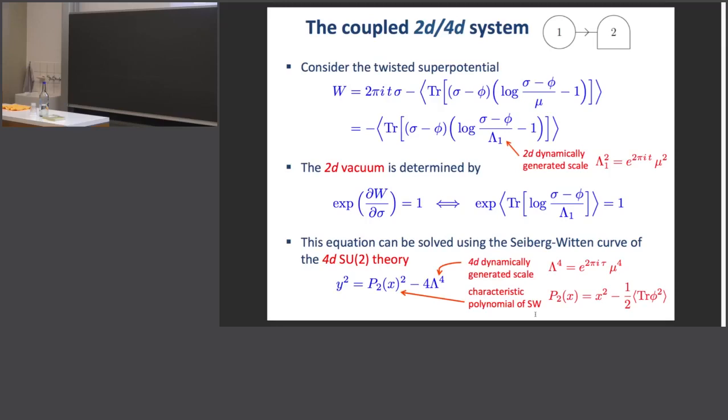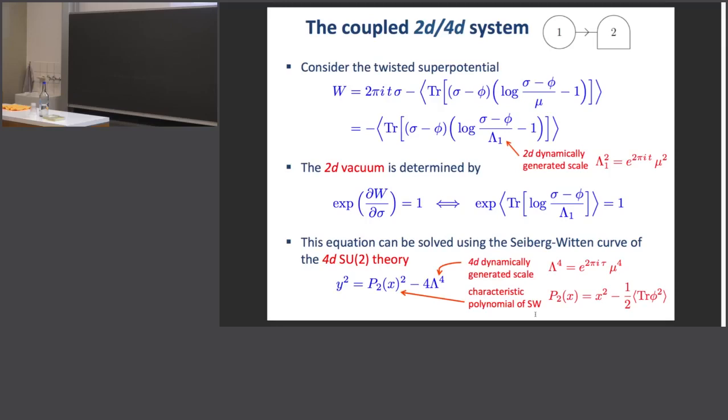The Seiberg-Witten curve is given here, in which this P2 is the characteristic polynomial, which is quadratic in this case, and it contains the four-dimensional dynamically generated scale for the four-dimensional SU2 theory, which is related to the ultraviolet scale mu and the gauge coupling tau in this way.